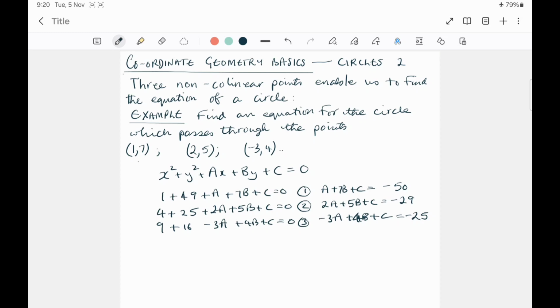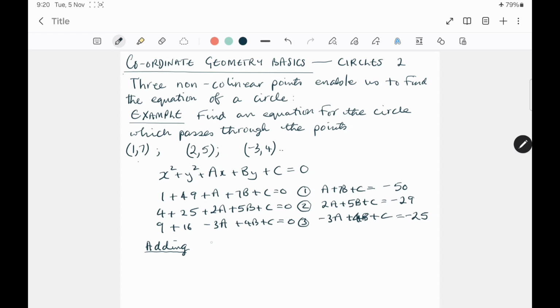Actually, looking at those, if we add all those three equations together, the a's will disappear. That wasn't intentional, but that seems to just be a happy accident.